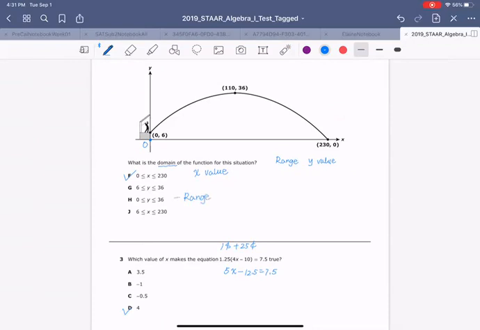Because look at this. If I draw a line here, your y could be from here to here. So your minimum y is 0, maximum is 36, right? So you are restricted from 0 to 36. That's your range. Does this make sense?